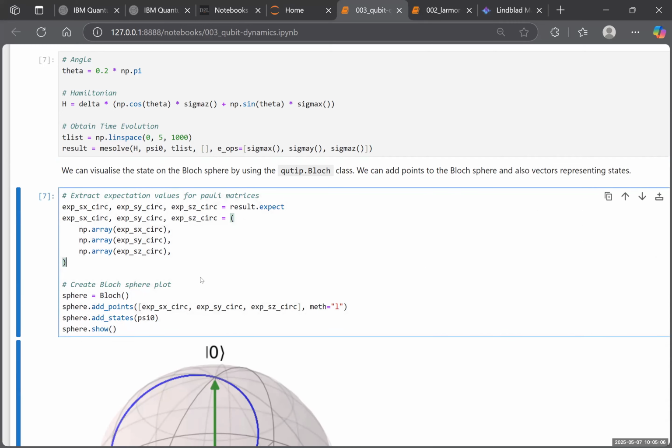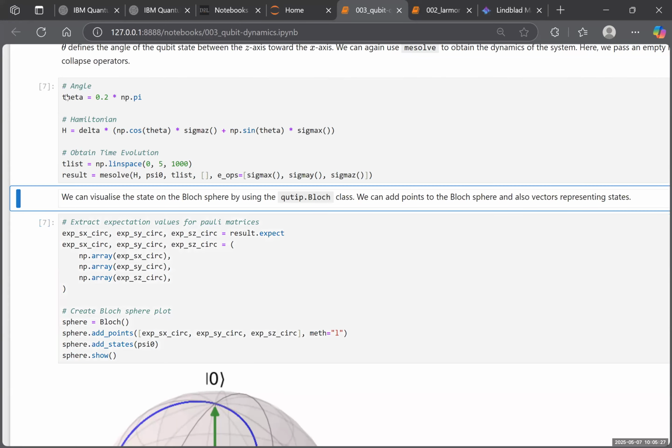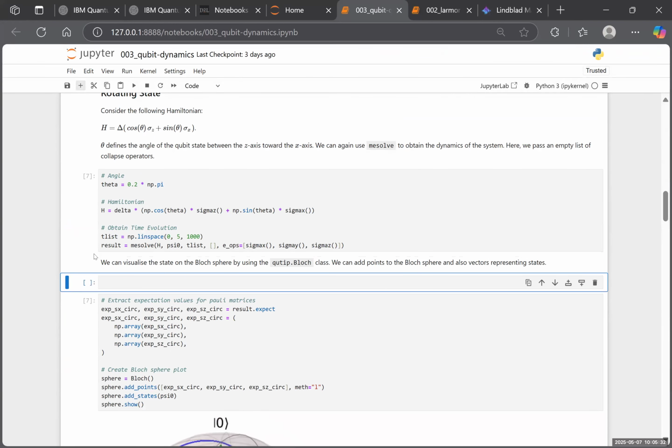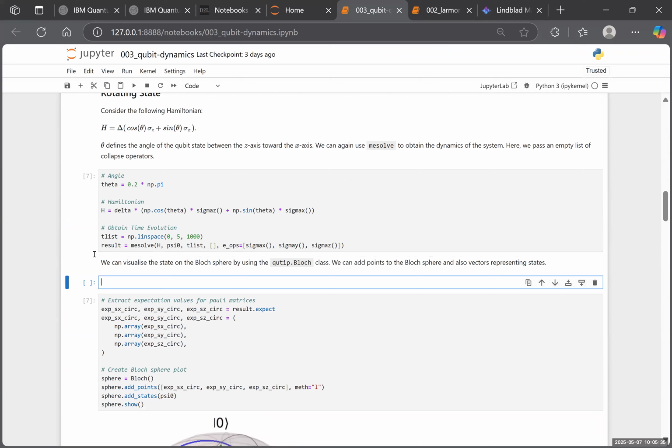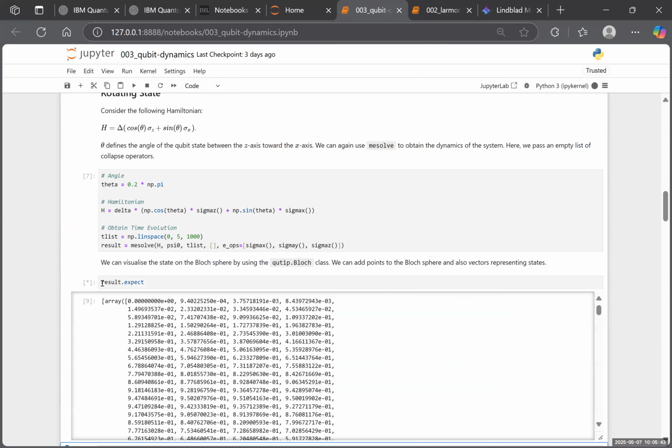So this is a visualization. You extract the expectation values for the Pauli matrices. Sx, Sy, Sz is from the result, from this expect. So you can print this, result dot expect.